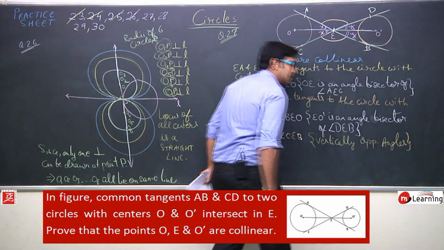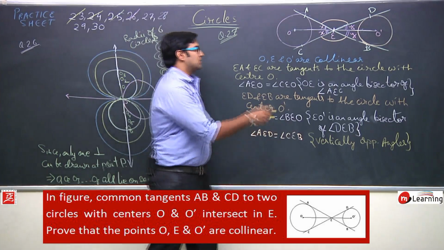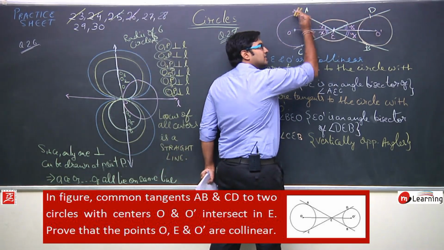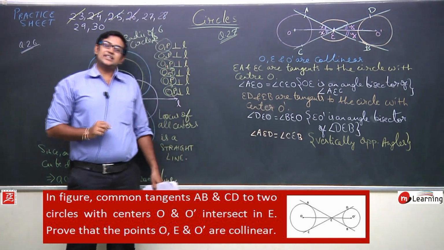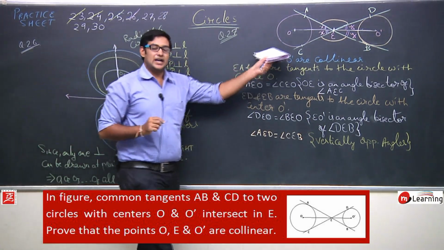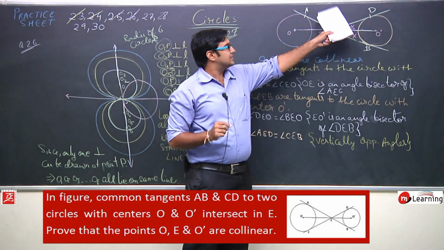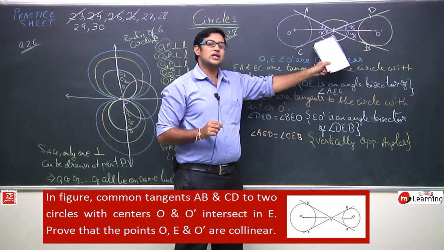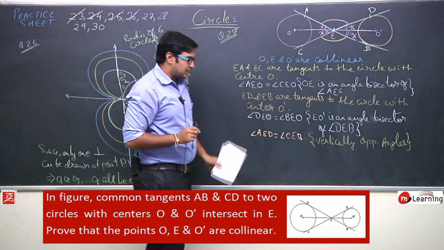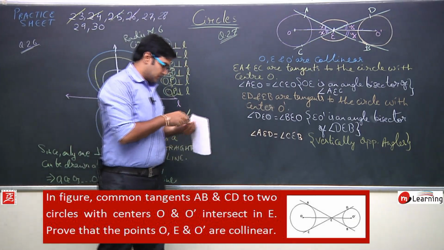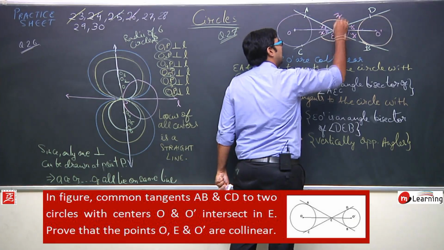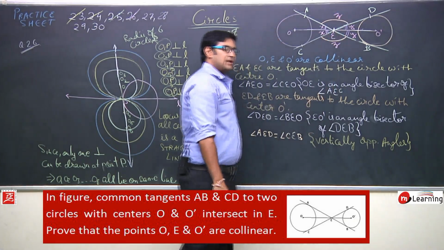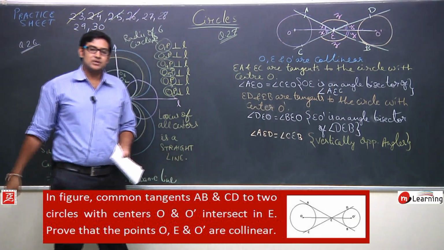Okay, why they are vertically opposite angles? Because this CD is a straight line, this AB is a straight line, and what is point E? Point E is the intersection of AB and CD. That's why I can say this particular angle and this particular angle are equal, that is vertically opposite angles. So can I name them as Z and Z? Okay, I named these two angles Z and Z.